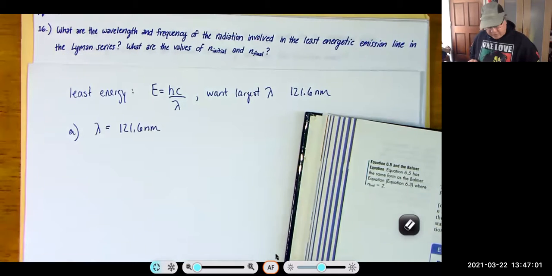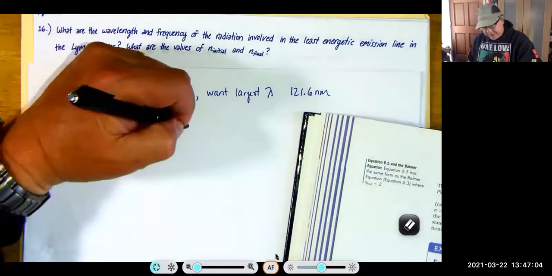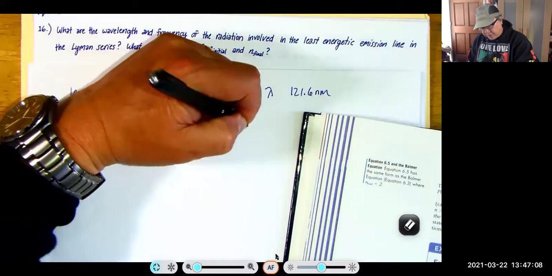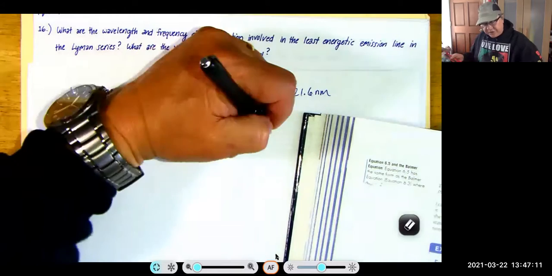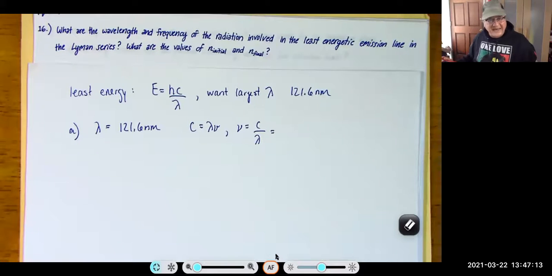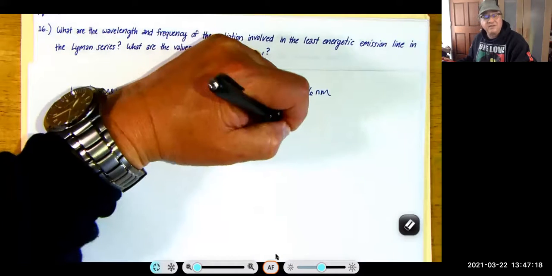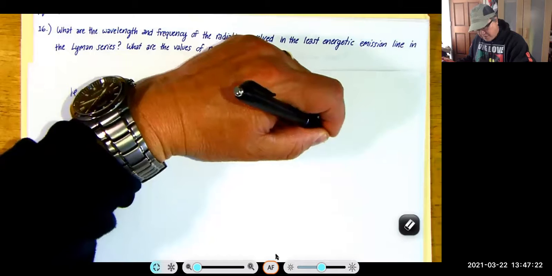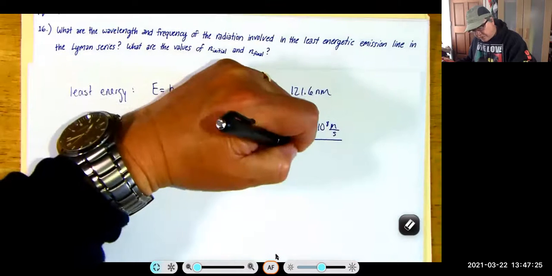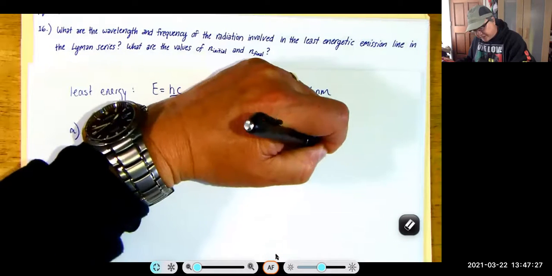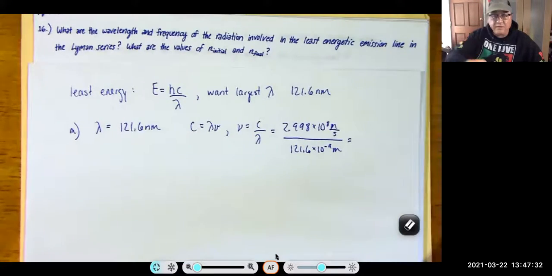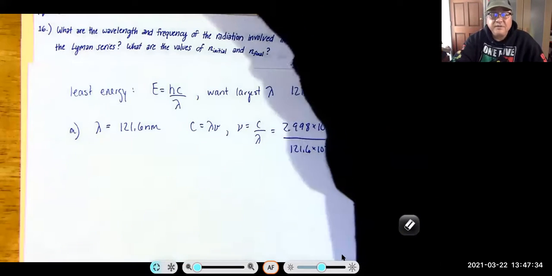And remember, to get the frequency, we use c is equal to lambda nu, which means that nu is equal to c over lambda, which is equal to 2.998 times 10 to the 8th meters per second, all over 121.6 times 10 to the minus 9 meters. And we're going to pick up with this in just a moment.